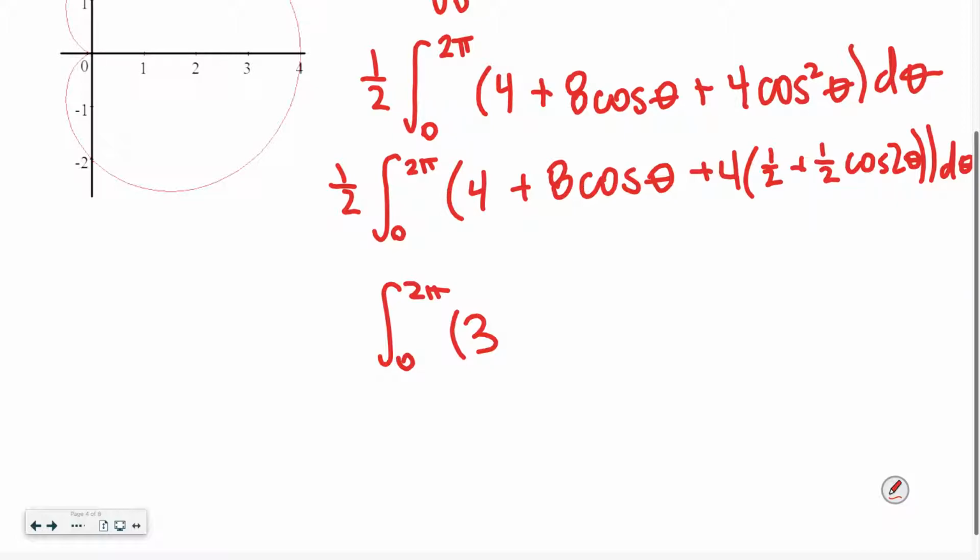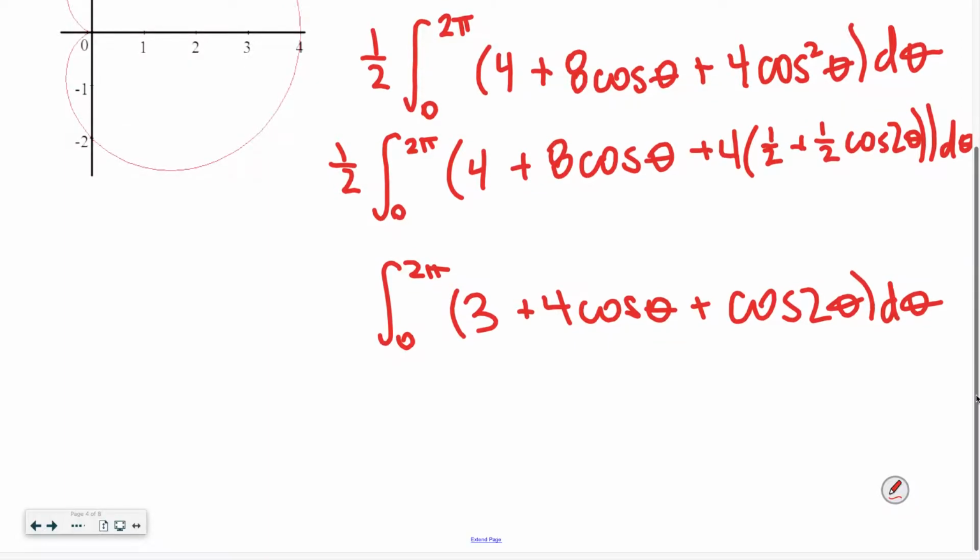And this is 8 cosine theta, so I'll write 4 cosine theta. And then this would turn into 2 cosine 2 theta. If you want to do that as a couple different steps, that's fine. If you don't want to worry about the 1/2 until the very end, that's fine too. But since everything was even, maybe it saves us a step in the end.